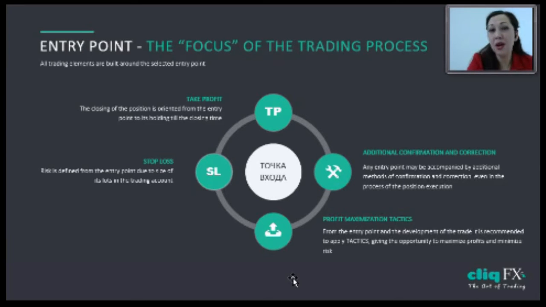How much money we are going to earn, we define according to the entry point. Which risk to take, we define according to the entry point. What other elements to use, according to our entry point. So everything goes around the entry point. So this is the most essential thing, and we will find out how to define it.